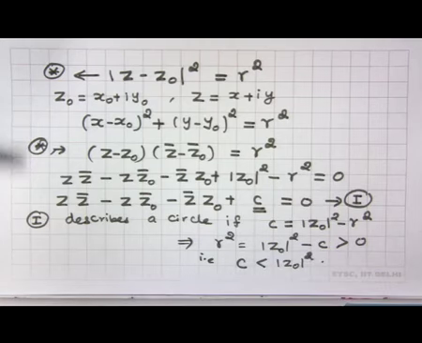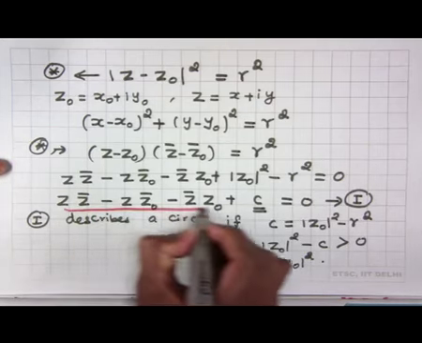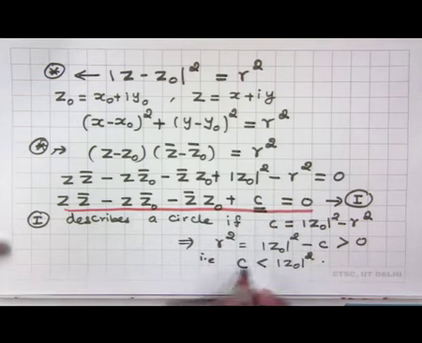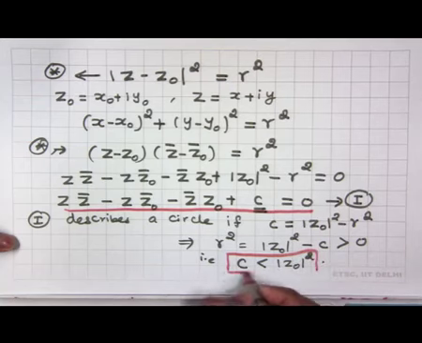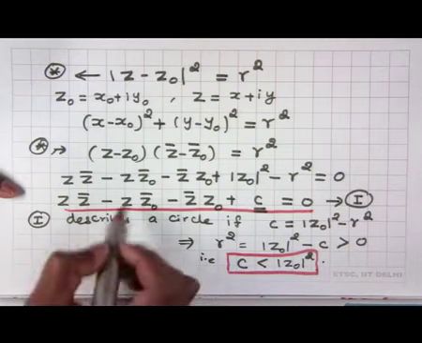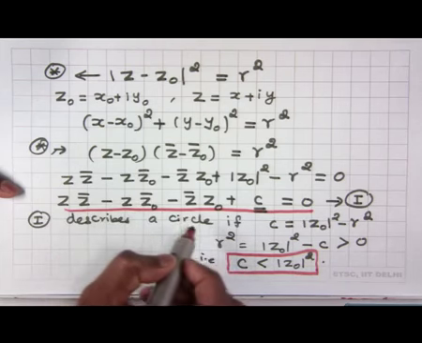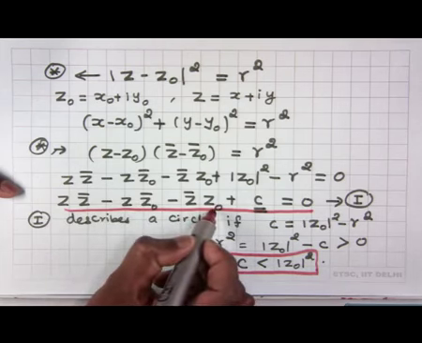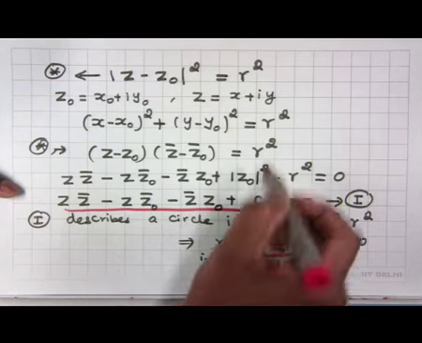So if I summarize, equation 1 denotes the equation of a circle provided C satisfies this condition. If C satisfies this condition, then this equation describes a circle centered at z0, but we need to manipulate it to get the radius r.